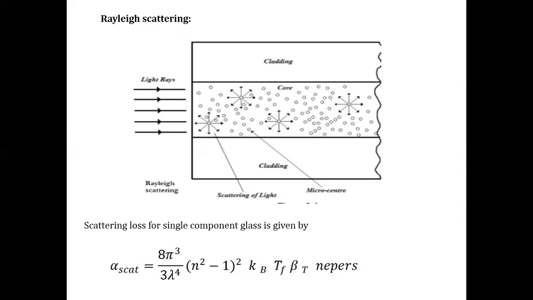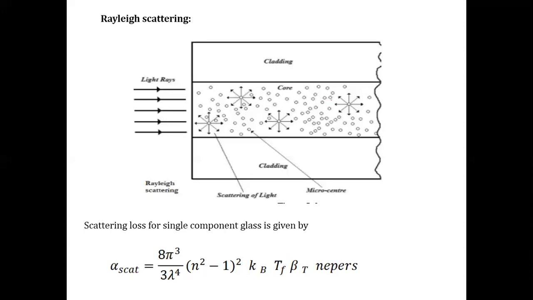So here we have two causes during the manufacturing process of the fiber. The first one is due to slight fluctuation in the mixing of ingredients and the random changes. Mixing these ingredients, we will have some random change, and it is impossible to eliminate completely, right?